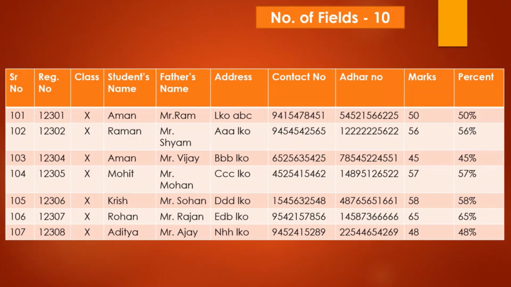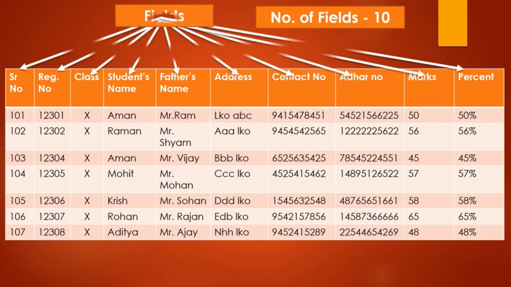Here we can see SR number, registration number. These are the fields of the table. अब यहाँ पर आप देख रहे हो कि these are several fields. So all these are fields. So we can say कि the number of fields in the table is 10 here.